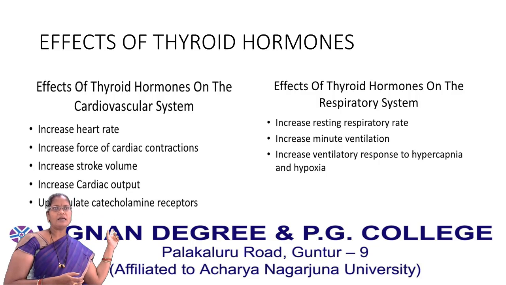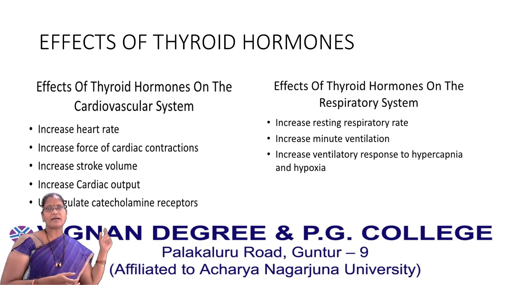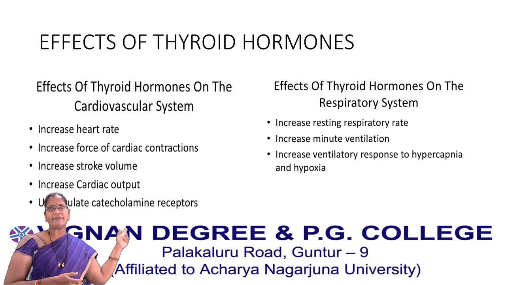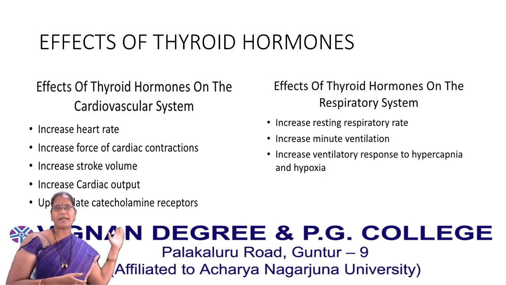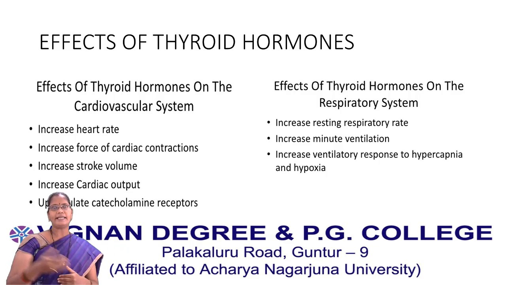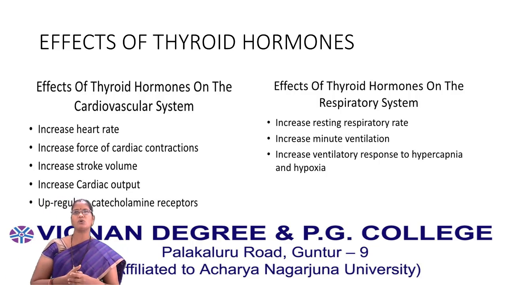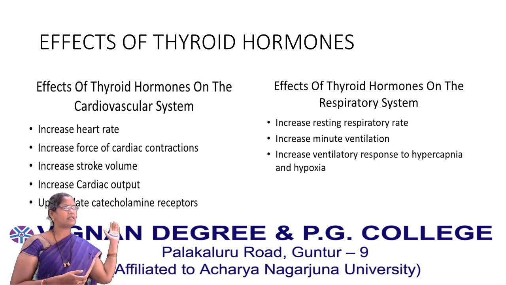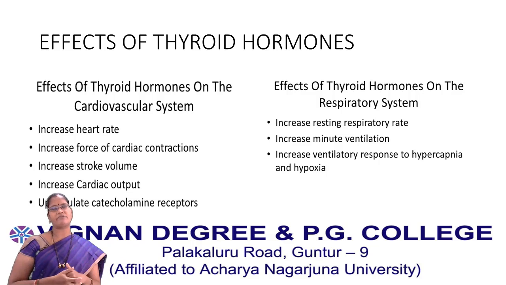It upregulates catecholamine receptors. Next, coming to the effects of thyroid hormones on the respiratory system, mainly it increases the resting respiratory rate. It increases the minute ventilation. It increases the respiratory response to hypercapnia and hypoxia. So these are the effects related to the respiratory system.